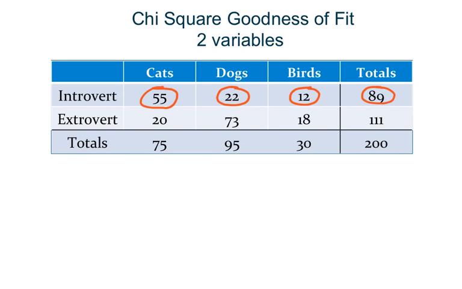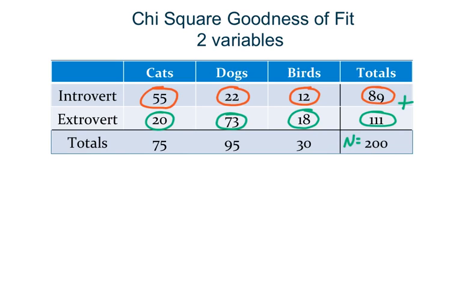And then as far as people who were measured as having an extroverted personality style, 20 of those owned cats, 73 owned dogs, and 18 owned birds, for a total of 111 extroverts. If we add those together, you see that all total, our N is 200.